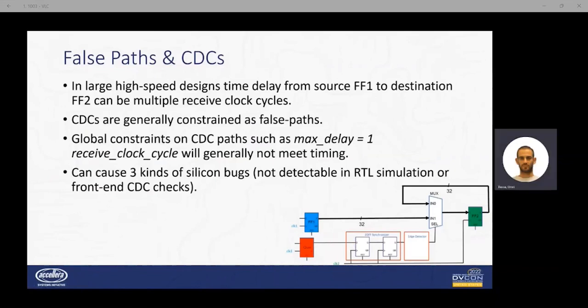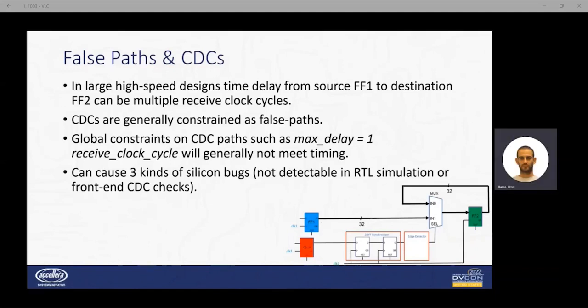It will be hard to meet the data skew requirements in order to sample the correct data at the right time. Since the CDC paths are always considered as a false path at the beginning from the ESP team, we might get very high variation between the data bits themselves and the qualifier scheme.